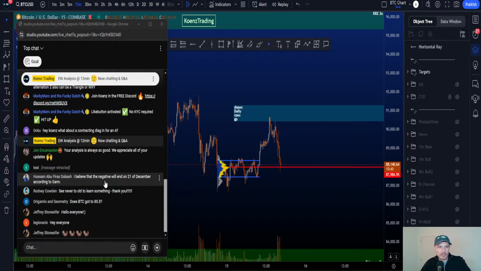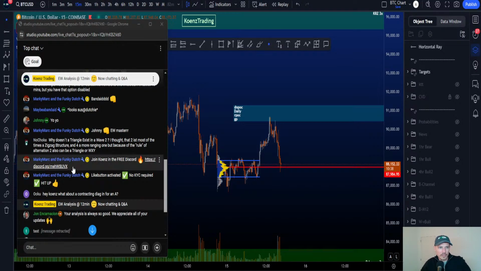John, what's up? Wait, why doesn't a triangle exist in a wave 2? I thought that 2 is most of the time a zigzag structure, correct, and 4 a more ranging one, correct. But because of the rule of alternation, 2 also can be a triangle or WXY. So the rule of alternation is about structure.